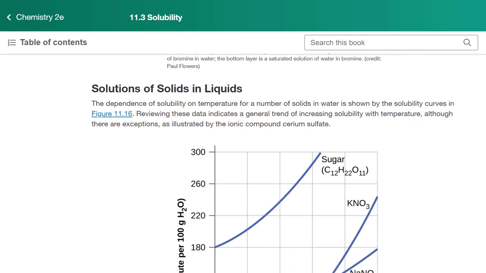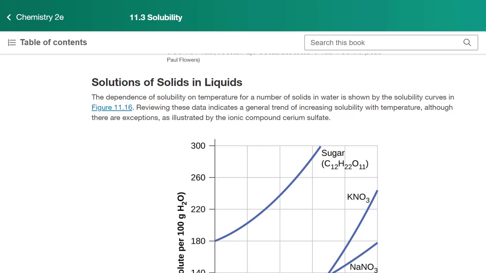And then finally, we have solid in liquid solutions. The main thing we'll talk about here is temperature. It turns out pressure does not have the same effect with a solid as it does with a gas. You can think back to our phase diagrams to see that the gas phase is where pressure can have a larger effect, but temperature does have an effect on solubility.